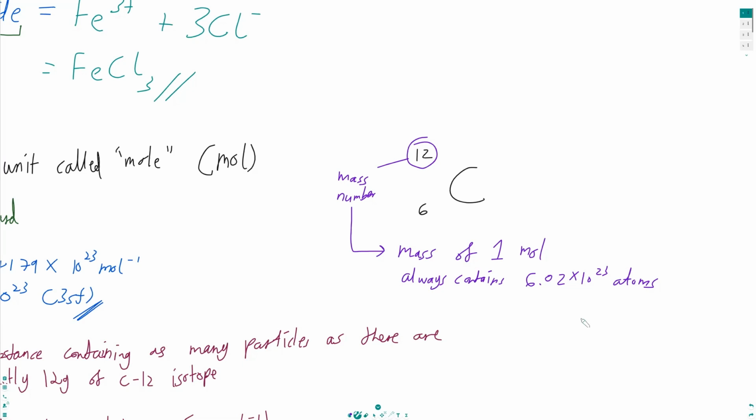Okay, going back to amount of substance and the mole. So you can have moles of anything. You can have an amount of atoms, so a mole of C atoms. You can have an amount of molecules, so for example, a mole of Cl2 molecules.